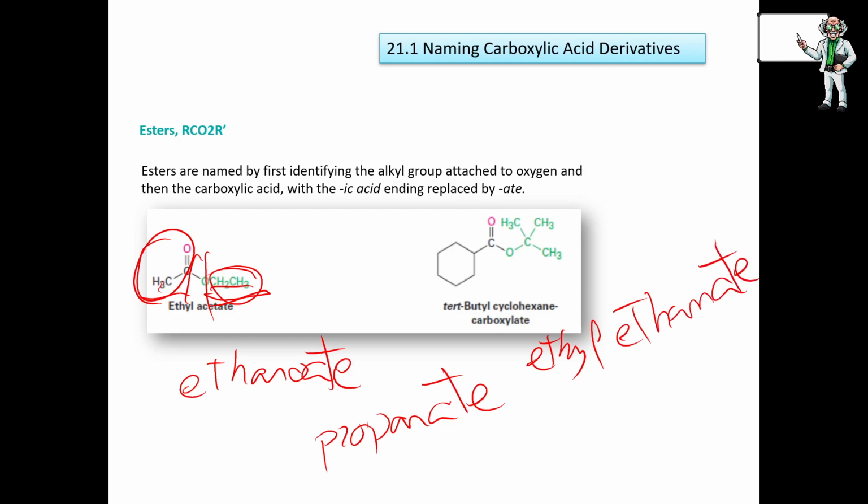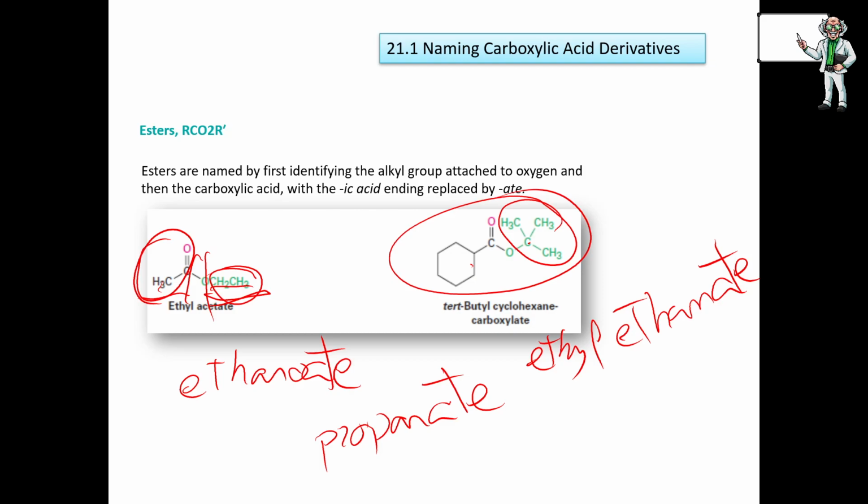Okay? For example, here we have this part that will have the termination -yl because it's a substituent, tert-butyl, and this will be a cyclohexane carboxylate. That means that the name will be tert-butyl cyclohexane carboxylate.